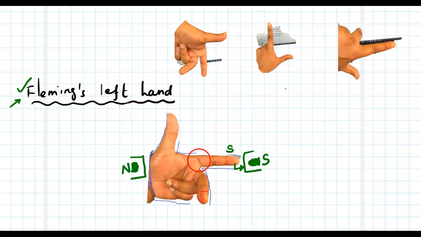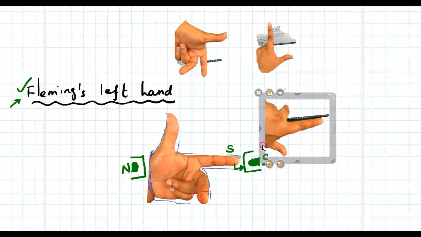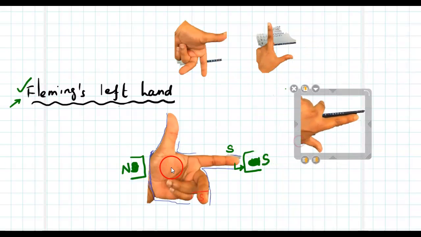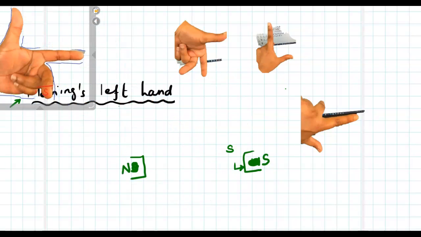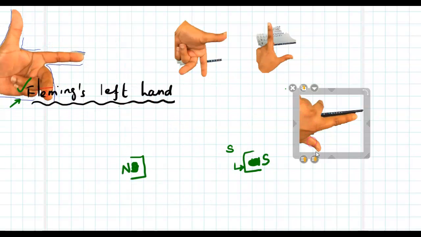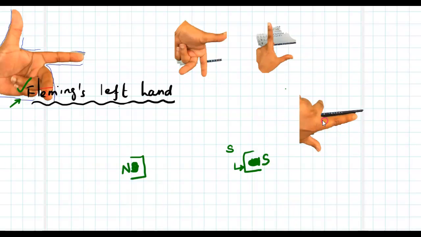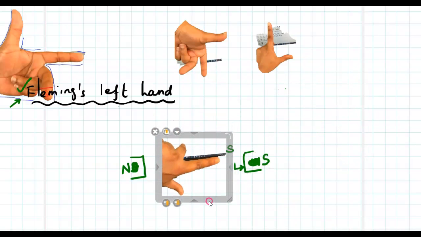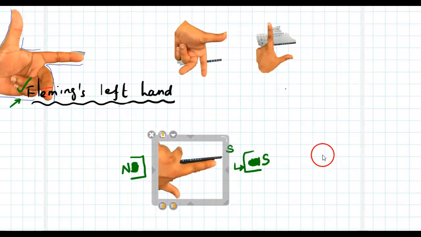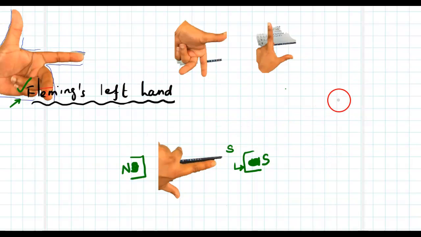Okay, now if you want, you can flip it upside down, you can make it like this. If they mention the direction of current is into the page, you can align your finger like this after rotating the paper. Now it is mentioned in the question, direction of current is into the page.